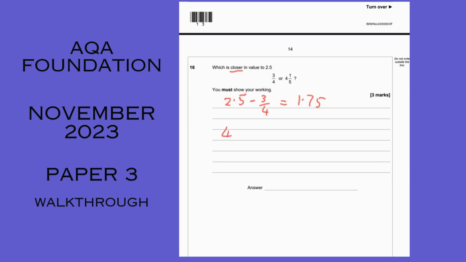Whereas 4 and a fifth, could call it 4.2 if you want, take away 2.5, they are 1.7 away. Slightly smaller, which means it is most definitely closer. And there we go. On to number 17.